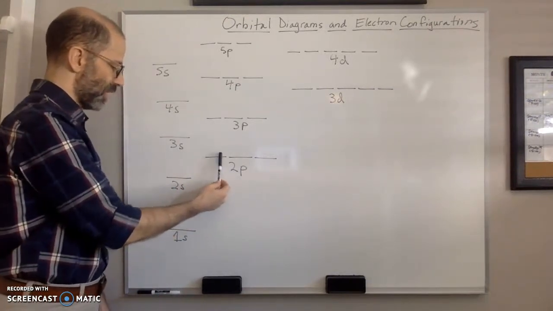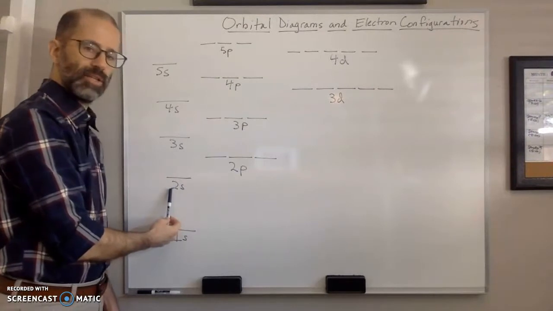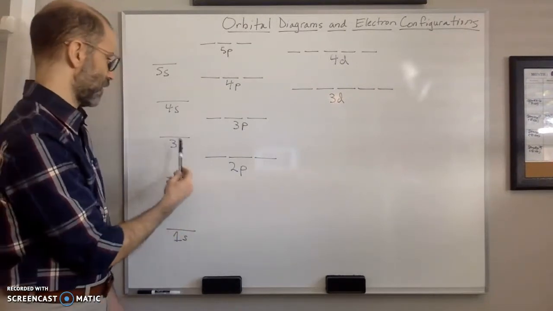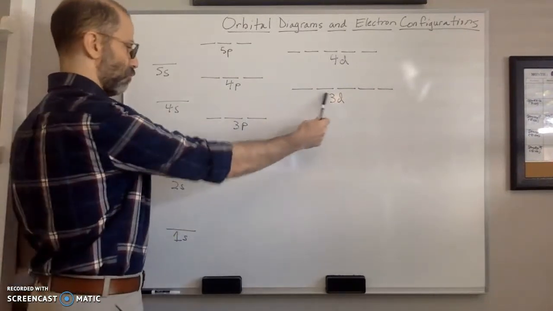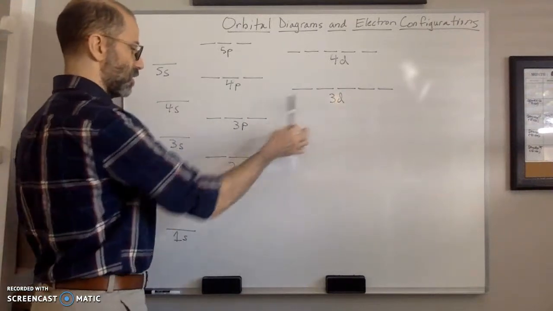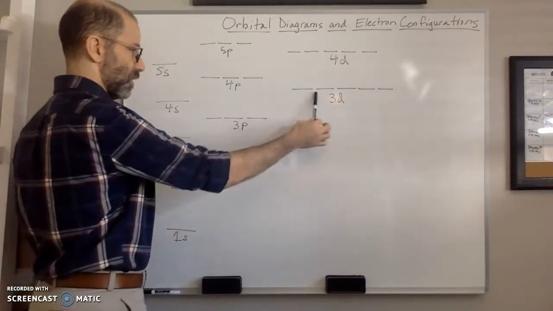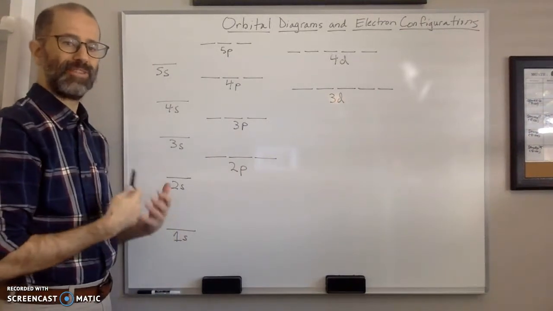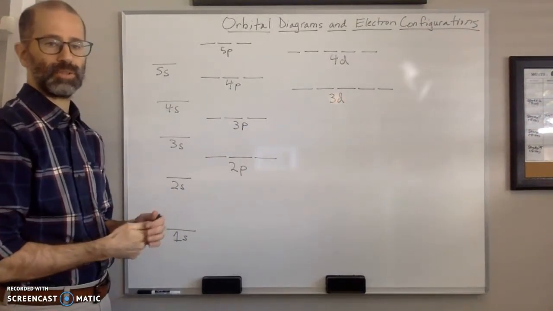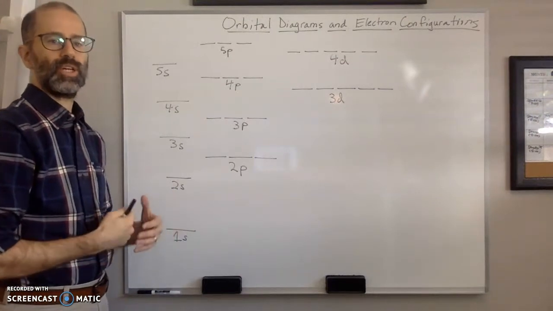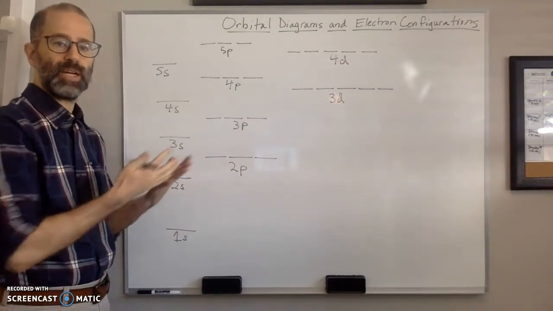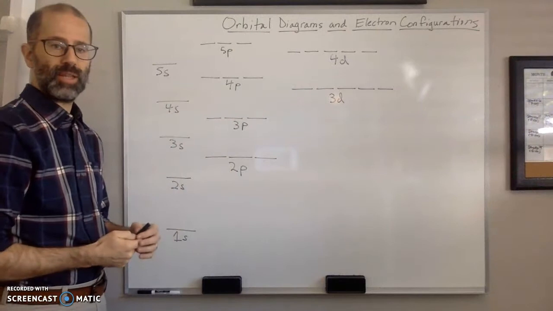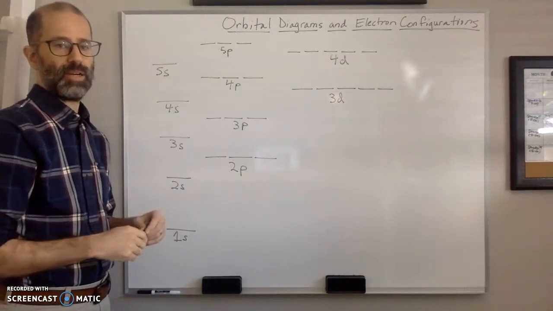So it ends up being higher energy than the 2s. You can see that with the 3s, the 3p, and the 3d. Again, these are different energies because of the difference in the ability of the electrons in those sublevels, in those orbitals, to penetrate into the inner area of the electron.